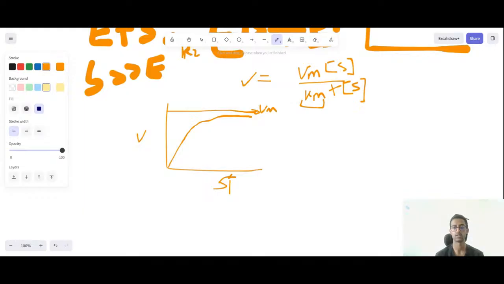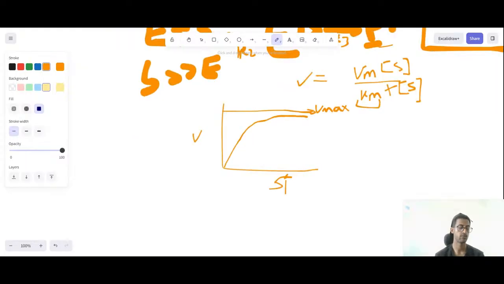This is the normal equation of the normal workflow of an enzymatic reaction.